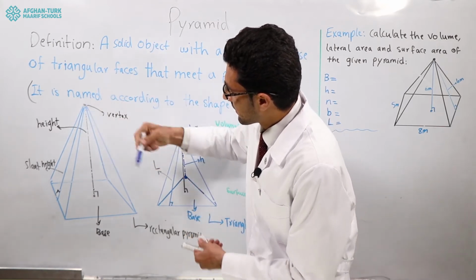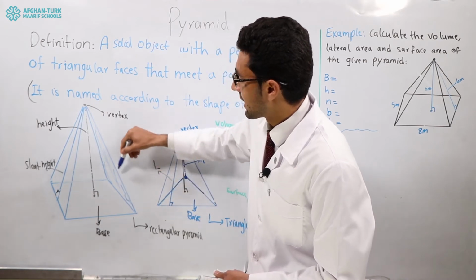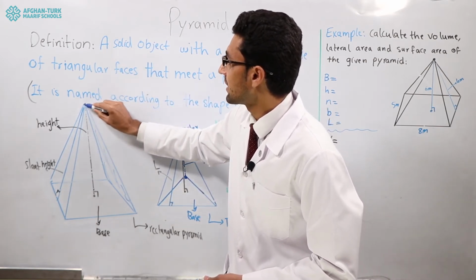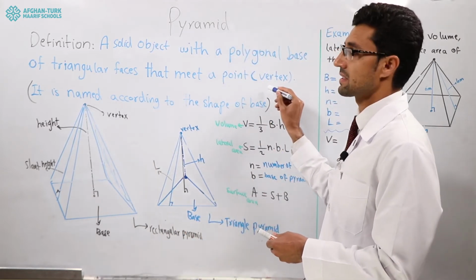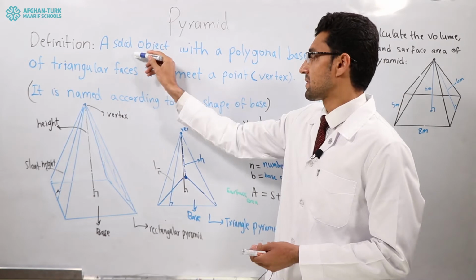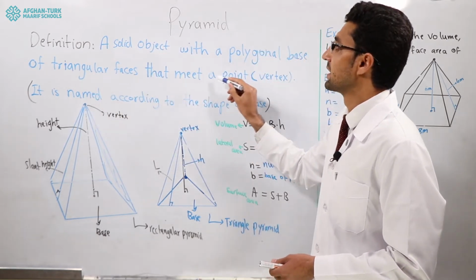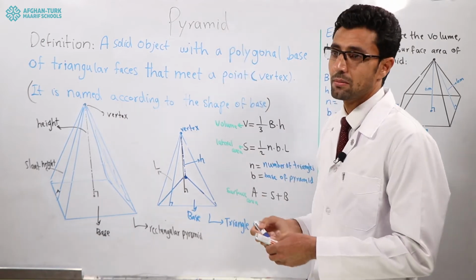And the sides are all gathered in one point that is called the vertex. Or in simple terms, a solid object with a polygonal base and triangular faces that meet at a point is called a pyramid.